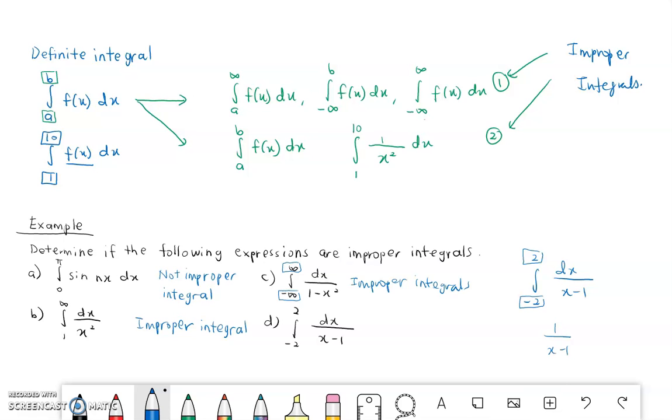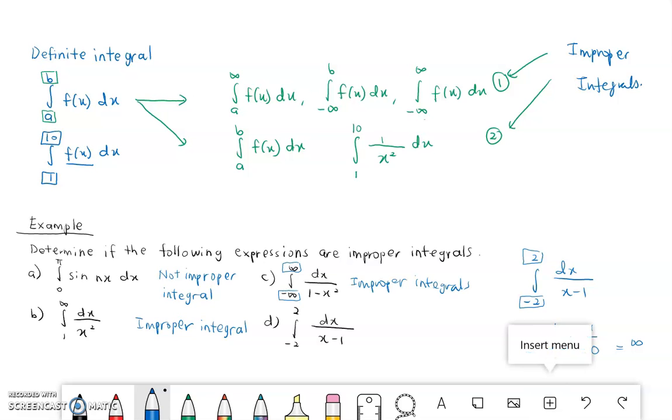We know that if our denominator is equal to 0, we can write it as 1 over 0, it will create an infinite value. So if x is equal to 1, we get an infinite value.